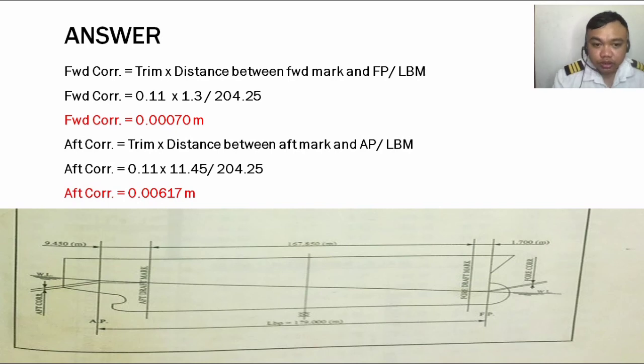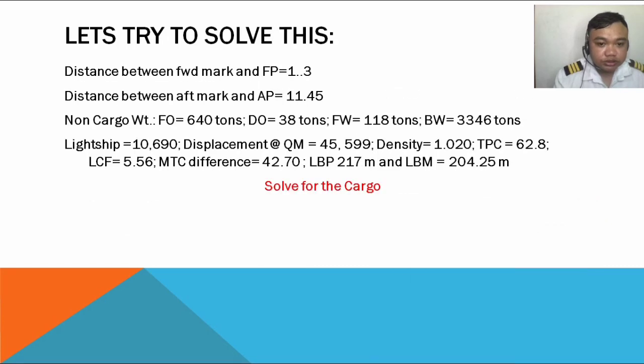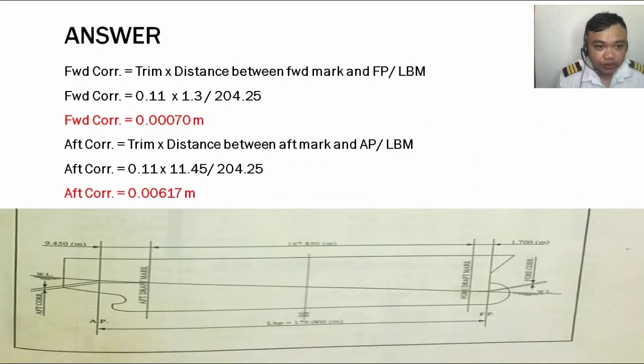If you are given a problem that doesn't have a given LBM, what you need to do is to subtract the distance between forward mark and forward perpendicular, and the distance between aft mark and after perpendicular, from the LBP, and you have already your LBM. So after knowing the formula, let us apply this one.